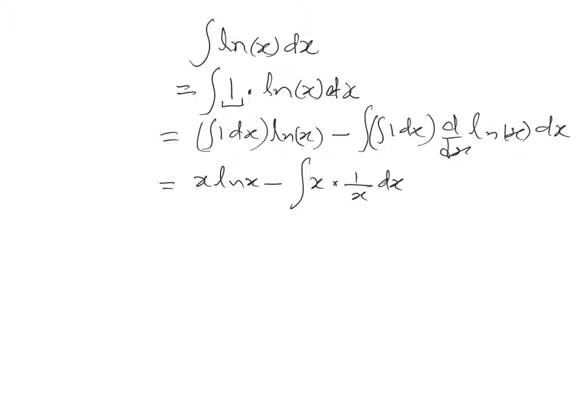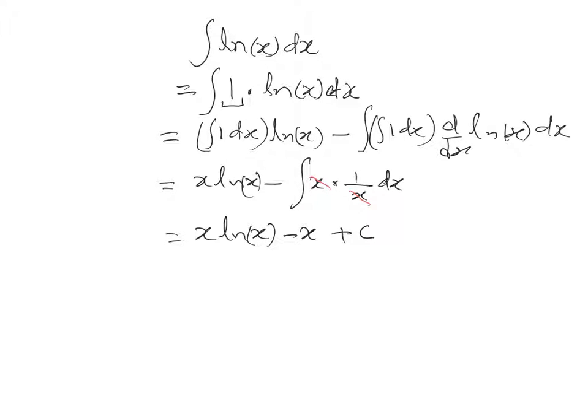X and 1 over x cancel out, and so this is x ln x minus the integral of 1, which is x, plus a constant. Therefore, this gives us the integral of ln of x.